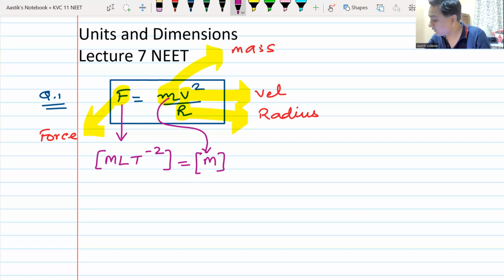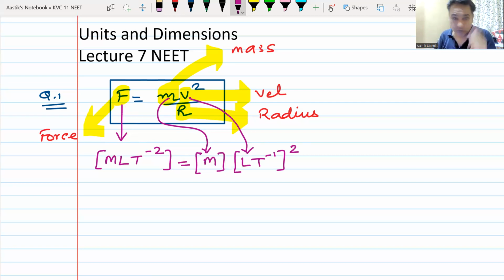Okay. What is the dimension of V? LT minus 1. Well done. Now we are talking. We need a bit of inspiration. So LT minus 1, it is squared, so I square it. What is the dimension of R? L. Well done.